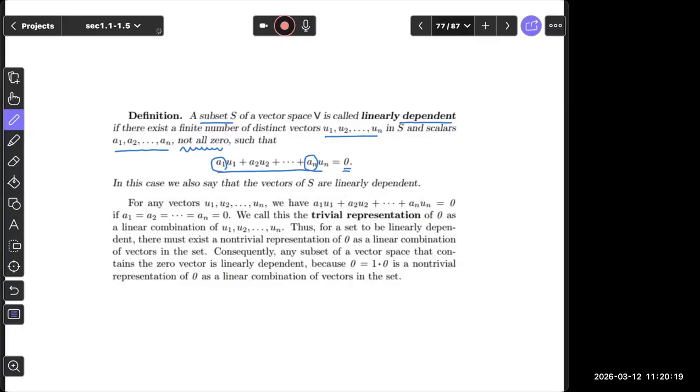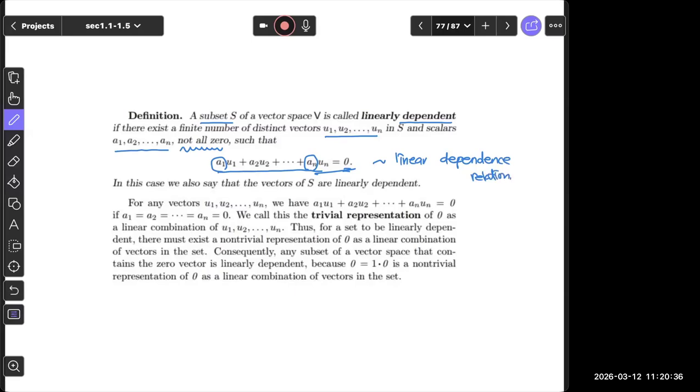And at that point, this equation is called a linear dependence relation.